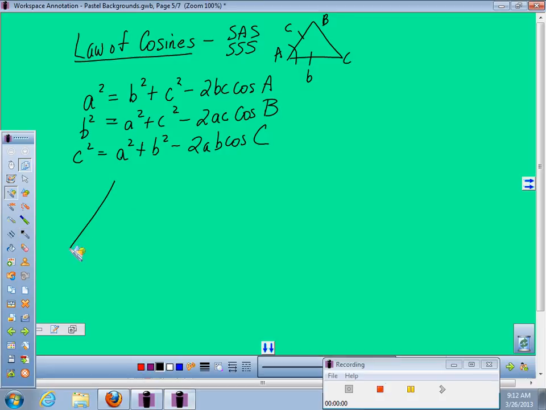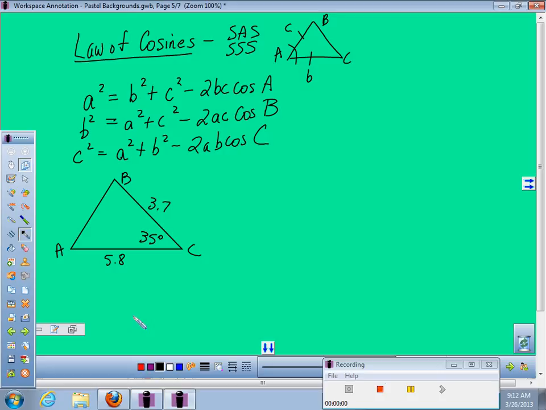Let me draw you a picture here. This time we knew angle C is 35 degrees, side A is 3.7, side B is 5.8. What are we looking at here?